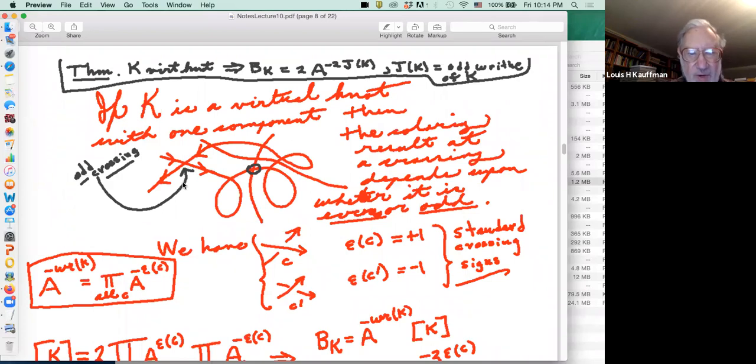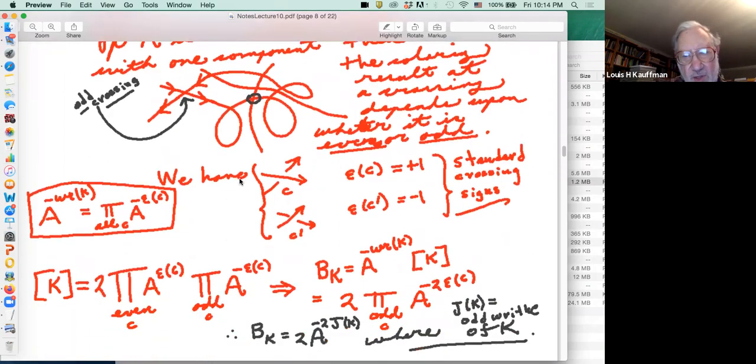And if you have an even crossing, you will get the Seifert smoothing. So we know in terms of this parity when we get the Seifert smoothing and when we don't. And so I will define epsilon of a crossing to be +1 when it looks like this and -1 when it looks like this. And these are the standard crossing signs.